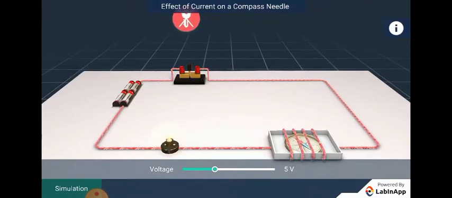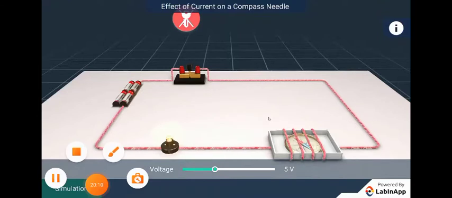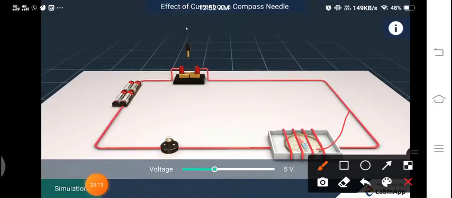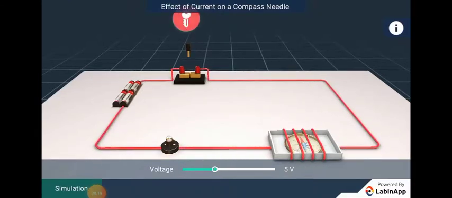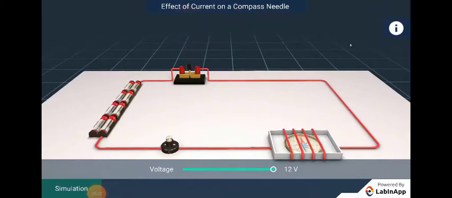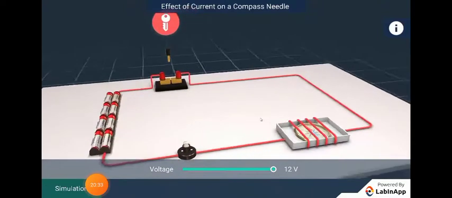When the current starts flowing, the direction of the needle gets changed. Please observe the direction of the needle. When it is switched off, the direction of the magnetic needle changes again. If you put the plug key again, see, the current is flowing through the circuit and the bulb is glowing and the direction of the magnetic needle is changing. This is happening again and again.